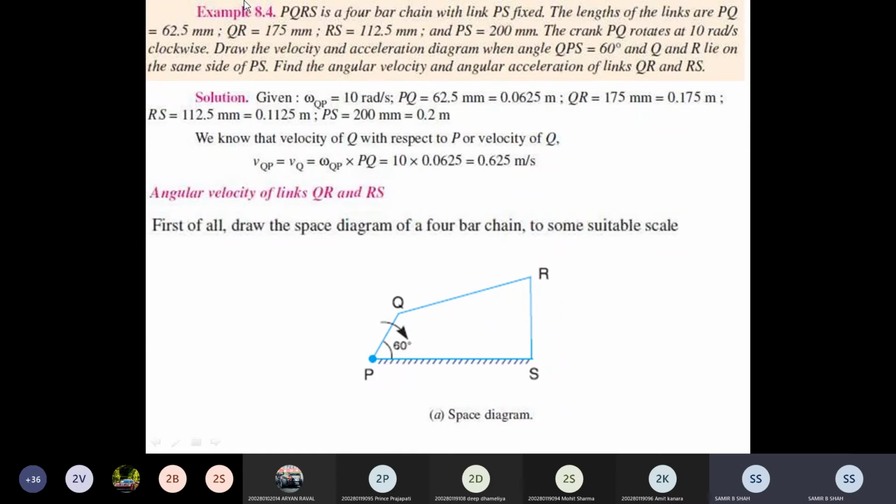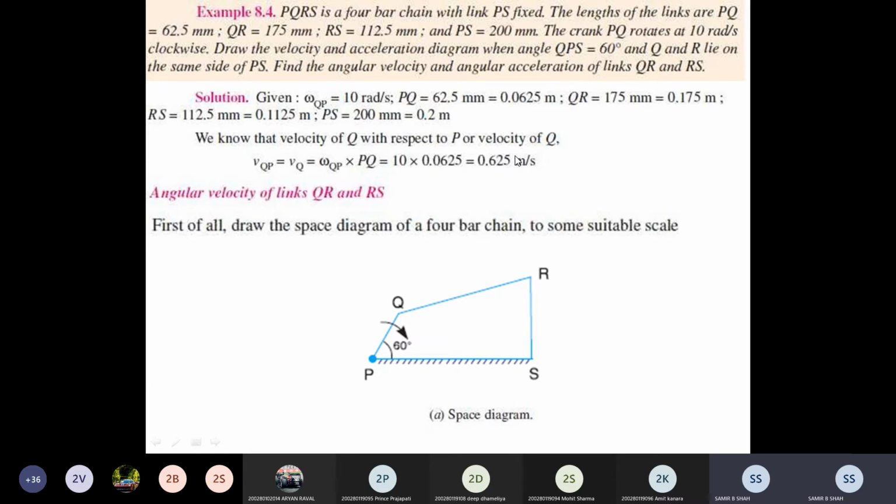If possible, you may take a 3 or 5 times higher scale, or you may consider that 0.625 meter per second is equal to 1 centimeter, or 0.625 meter per second is equal to 5 centimeter. Okay, it's up to you. So I consider that 0.625 meter per second is equal to 3 centimeter.